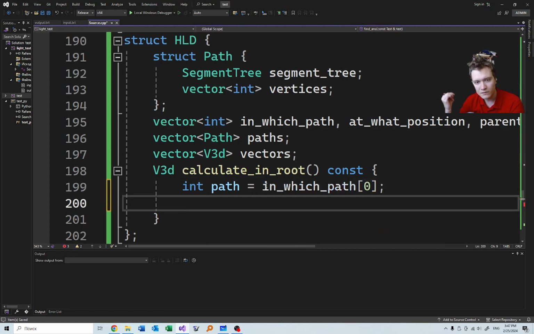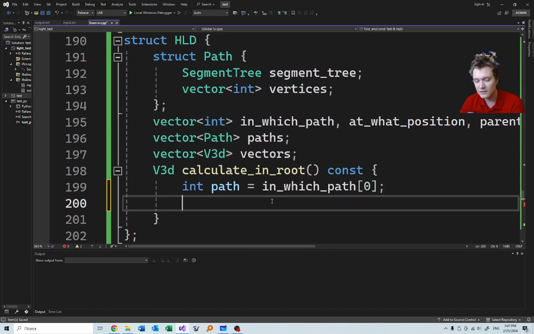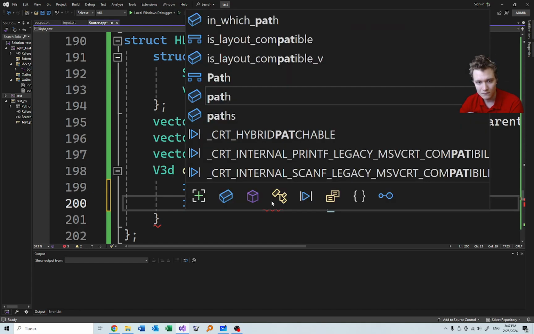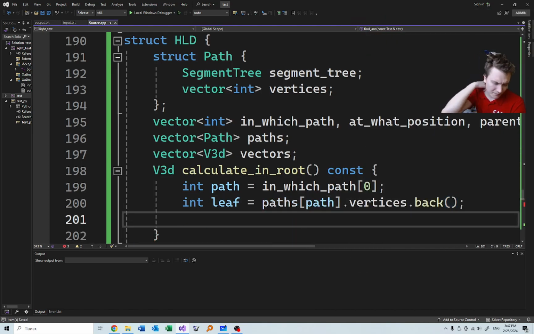After that, we need to find its leaf. Okay. Actually, we can calculate in any vertex.